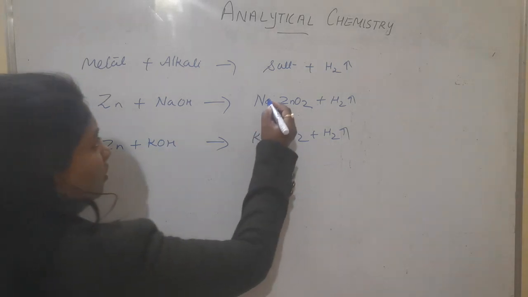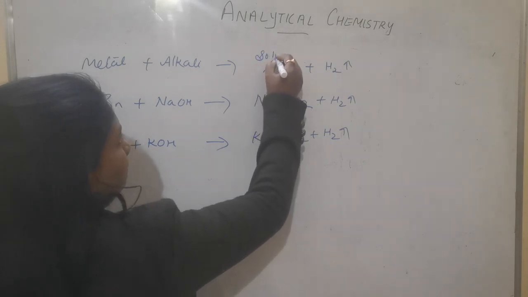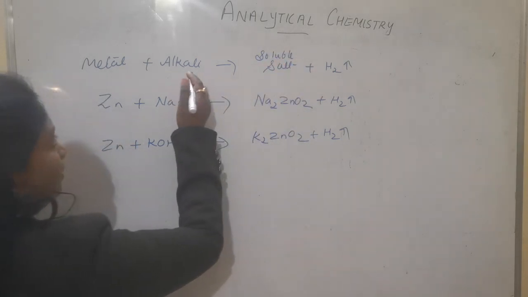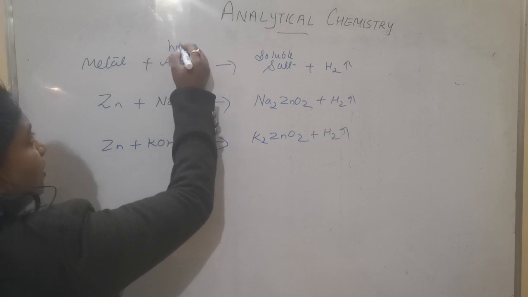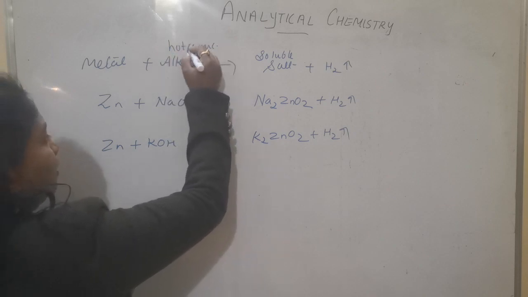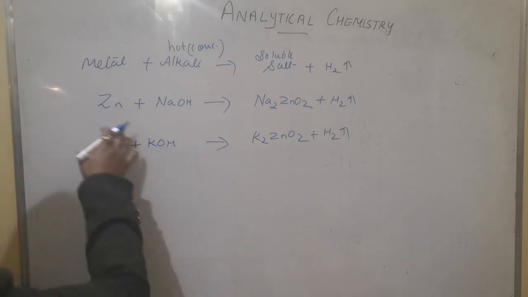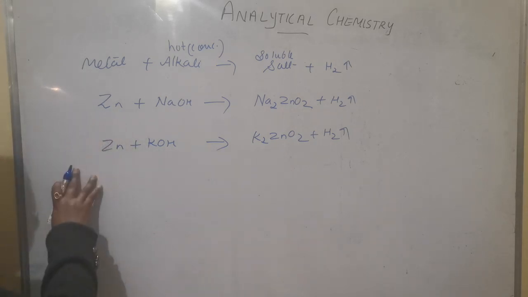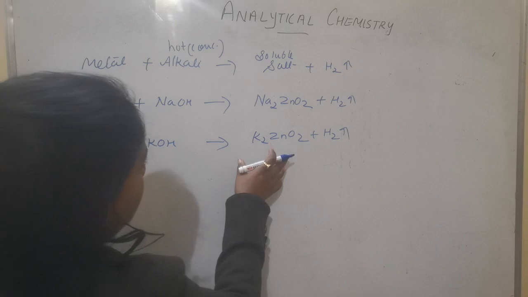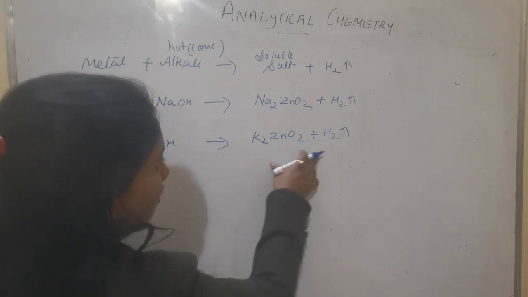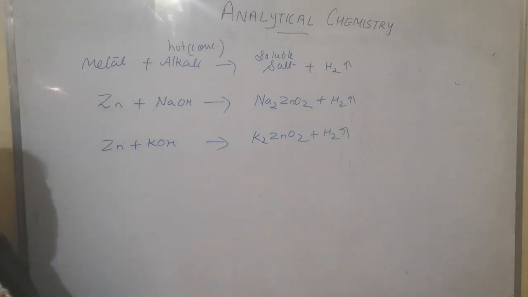These are the soluble salts, no? So when you react, this is hot and concentrated alkali. When it is allowed to react with any metal, it will form its corresponding soluble salt along with the liberation of hydrogen gas.